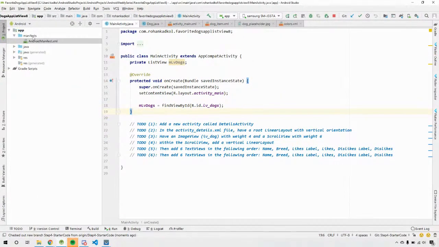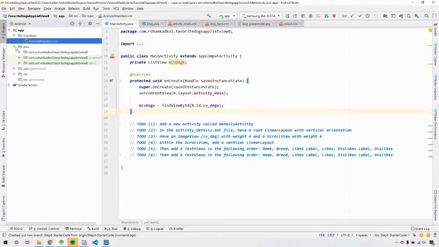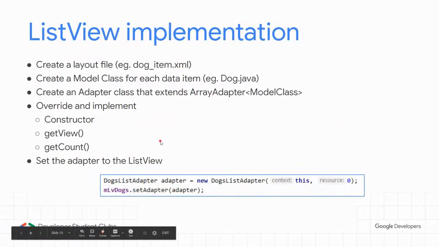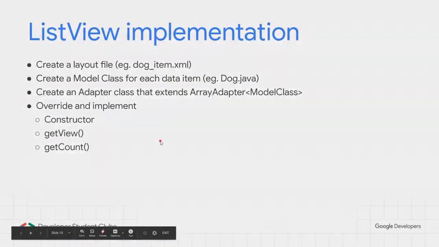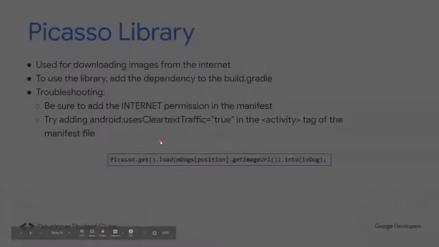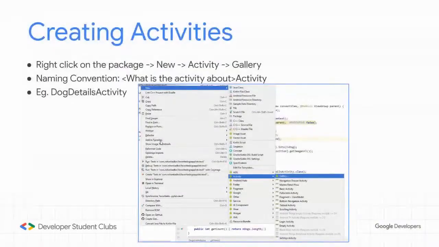To create a detail screen, we're going to talk about how we create a new activity. So next one, creating activities. The main thing I want to talk about in this slide is the naming convention of an activity.